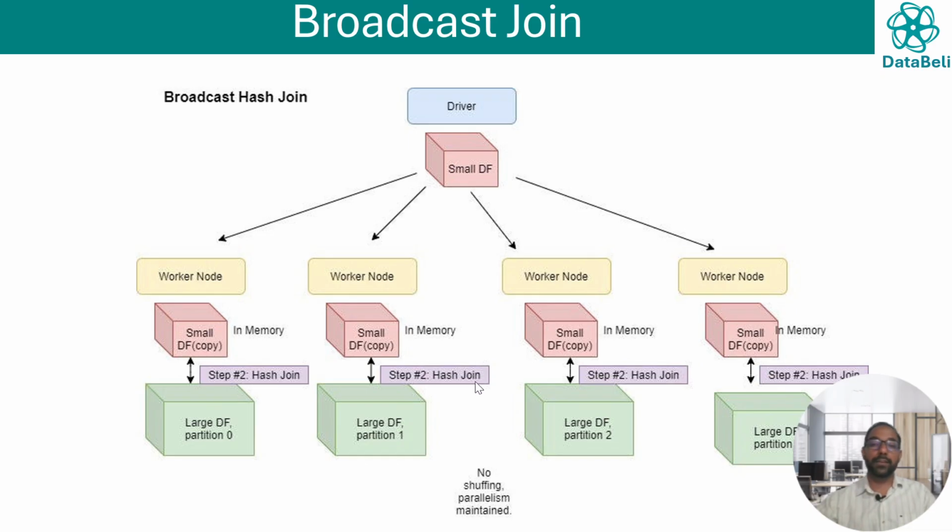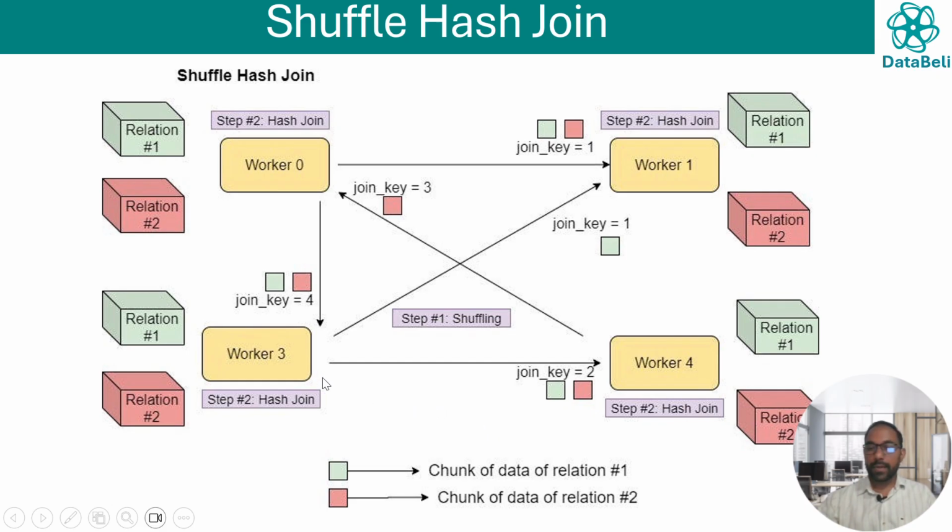But first let's understand what happens if both the data sets are large and cannot fit into memory. Let's say these are our four workers, and because both the data sets are large, both will be divided into partitions.